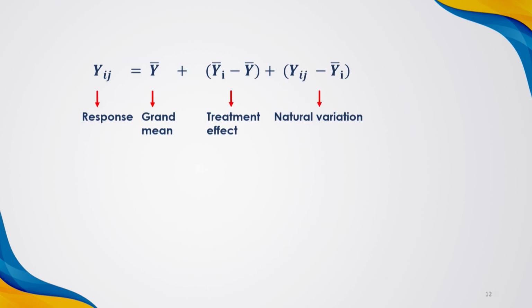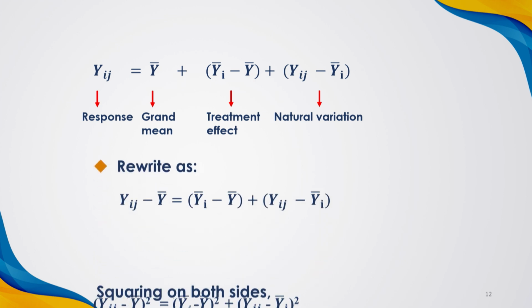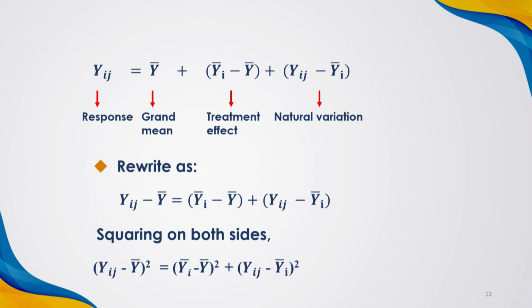Let us try to understand this partition of observation, or the partition of variation, through the above example. Let us rewrite this term as given there, Yij minus y bar, which is equal to the right hand side. We are just going to take the square on both sides. When you take the square of the right hand side, it will be like a plus b the whole square.